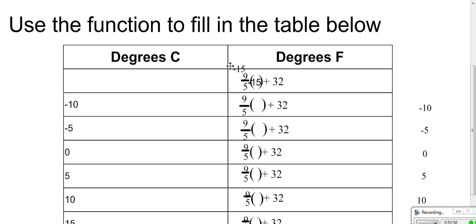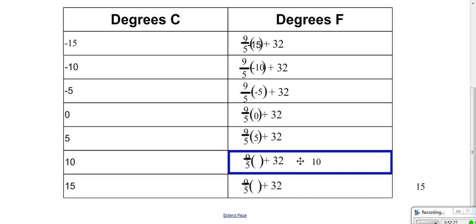Let me just put this 15 back so I don't get crazy. For the next one, you're going to substitute negative 10 in. And the next one, negative 5. And the next one, 0. And the next one, 5. And the next one, 10. And the last one, you'll substitute 15 in.